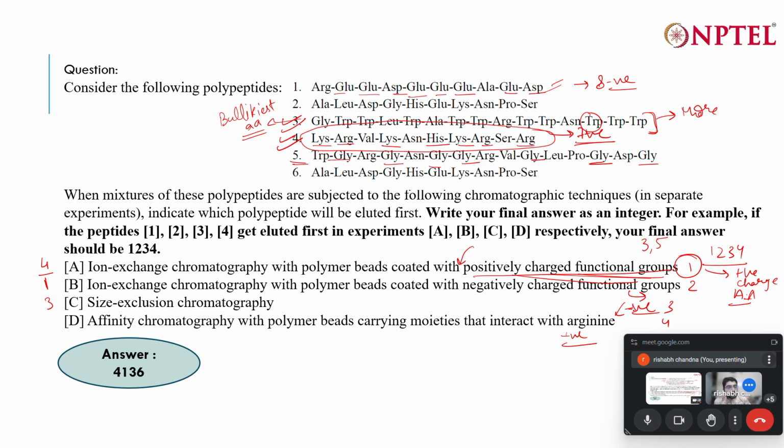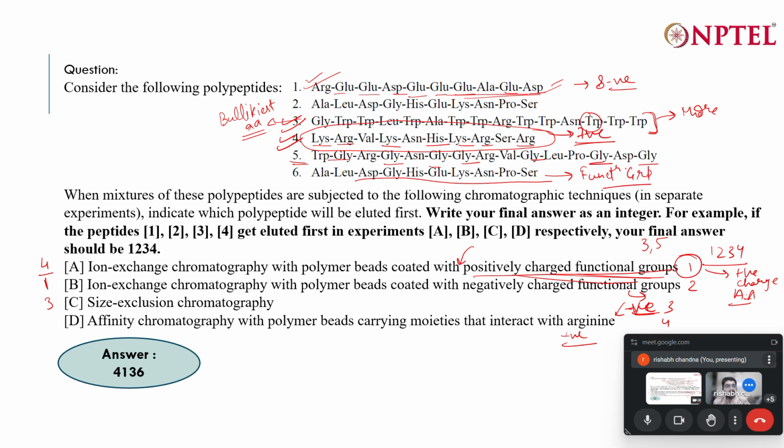This means that either the peptide that has the most number of negatively charged amino acids can interact with that, or this one, because this has a functional group also.